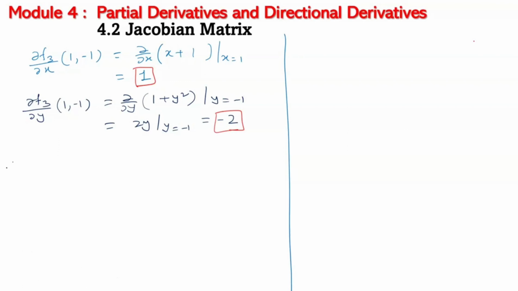So therefore, finally we have JF at the point (1, -1). I'll write the matrix and then we'll see how it is coming.